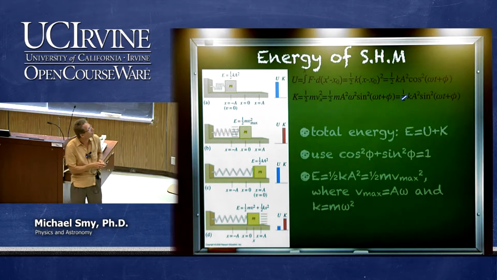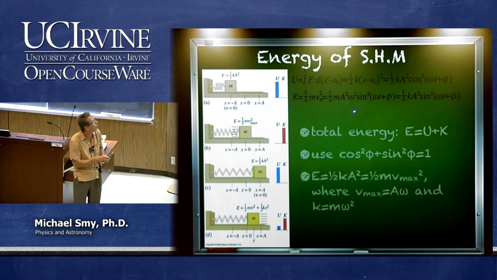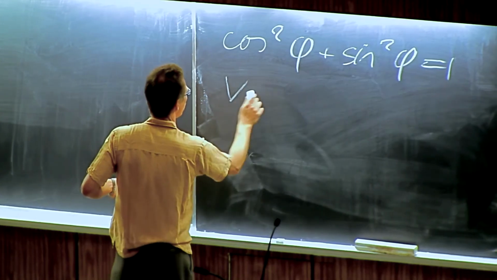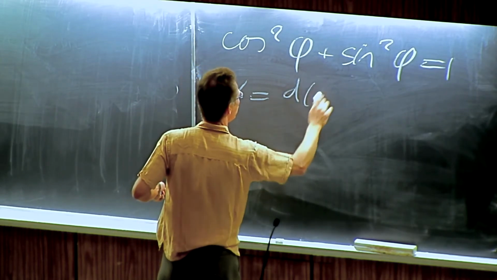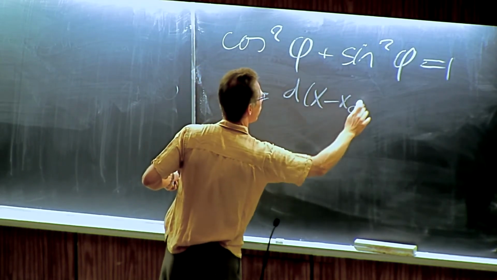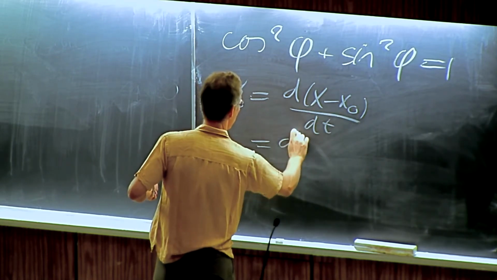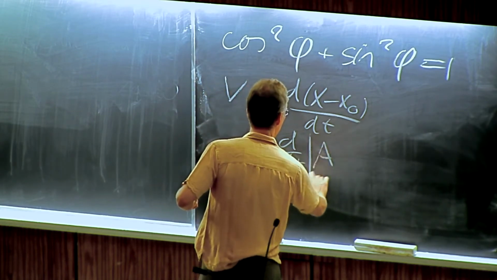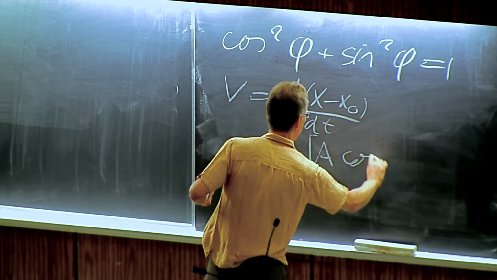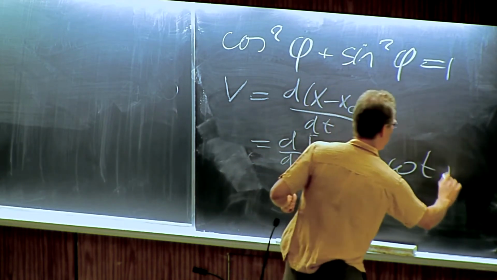As I just told you, when getting the velocity, the cosine turns into a sine and the omega gets transported out. So v equals d(x minus x naught)/dt, which is d/dt of A cosine of omega t plus phi.